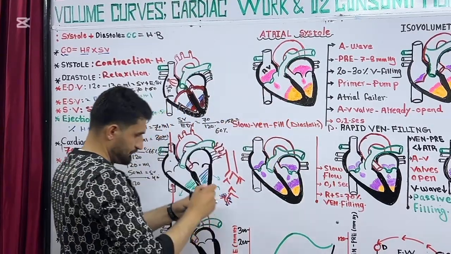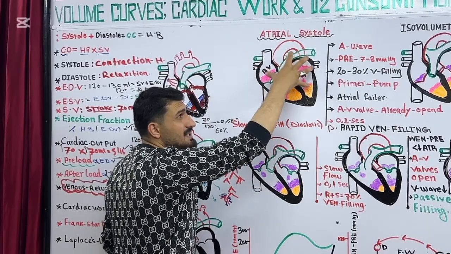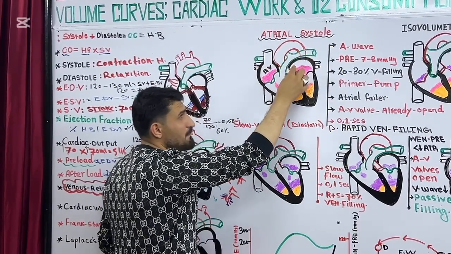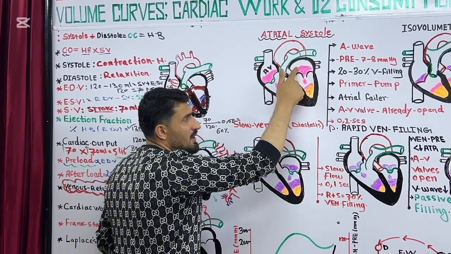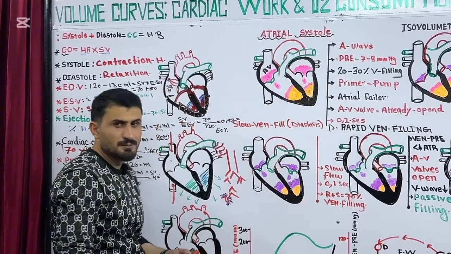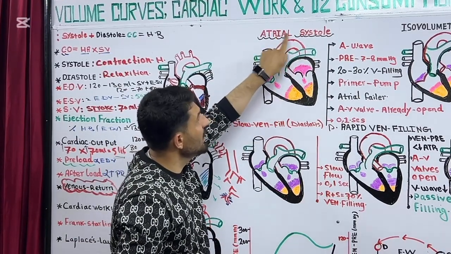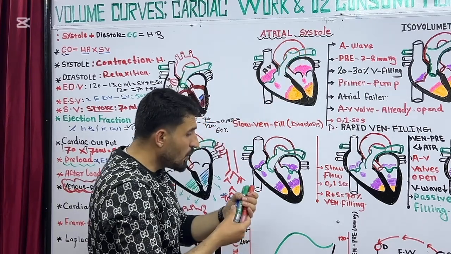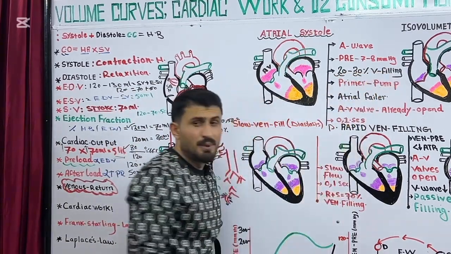Now, in this phase, in atrial systole, the two atria pump blood to the ventricles. The amount of blood pumped during the atrial contraction phase is only about 20 to 30%.